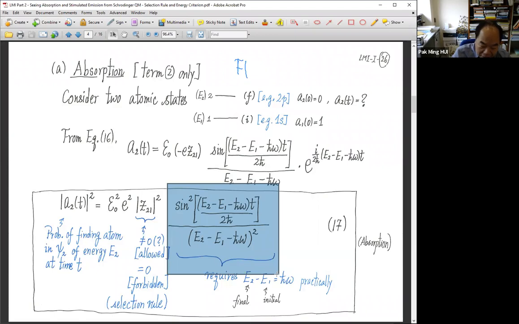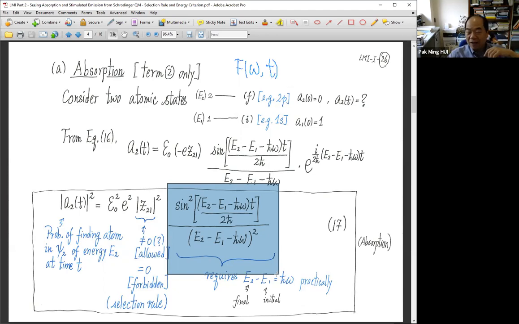immediately I can see it as a function of omega. In this case, I have E1, E2 absorption, okay? E2 is higher. And then I'm playing with what if I change my incident light's omega. But it can also be seen as a function of time.